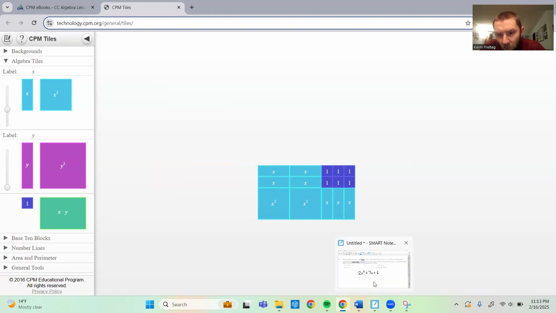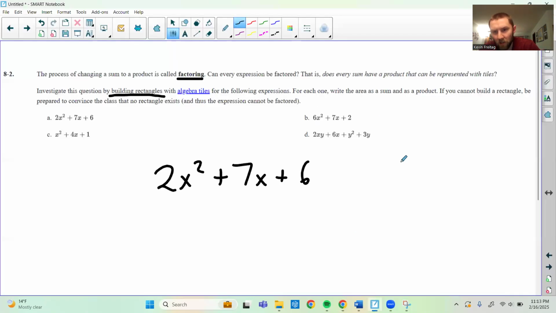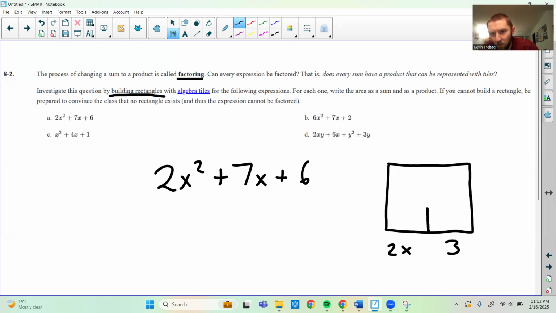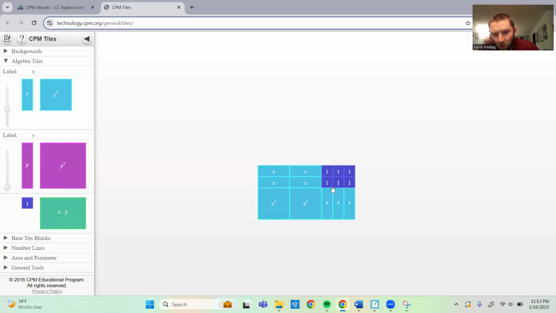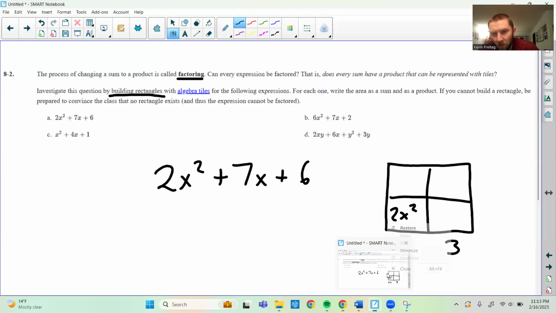So if I was to make a generic rectangle out of this collection of algebra tiles, across the bottom I have two x's and then three individuals, okay? Because this is 2 x squareds, and then this part of my picture there is three x's. So this is three x's, okay?